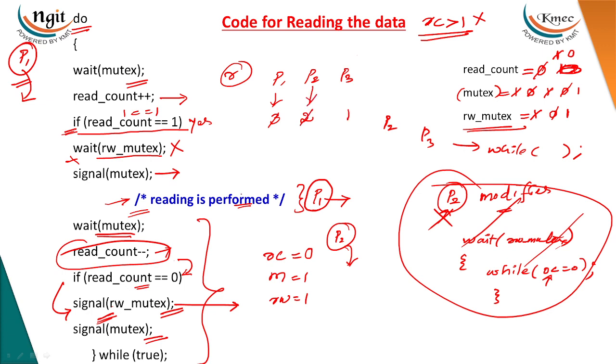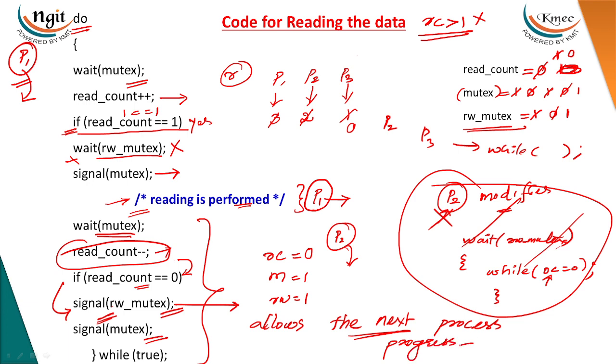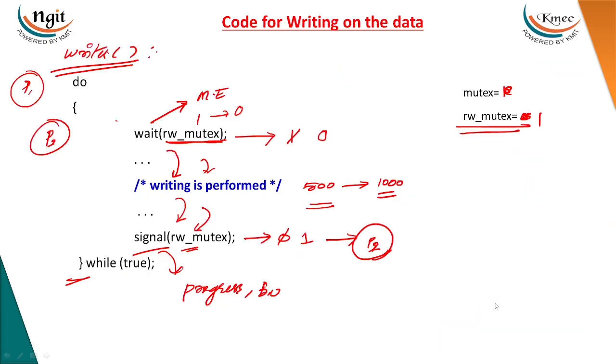When P3 executes this portion, read count value equals 0, then P3 invokes signal on mutex and increments the RW mutex to 1, and that allows the next process to execute the write operation. This provides the progress property. So signal provides progress and wait provides mutual exclusion.